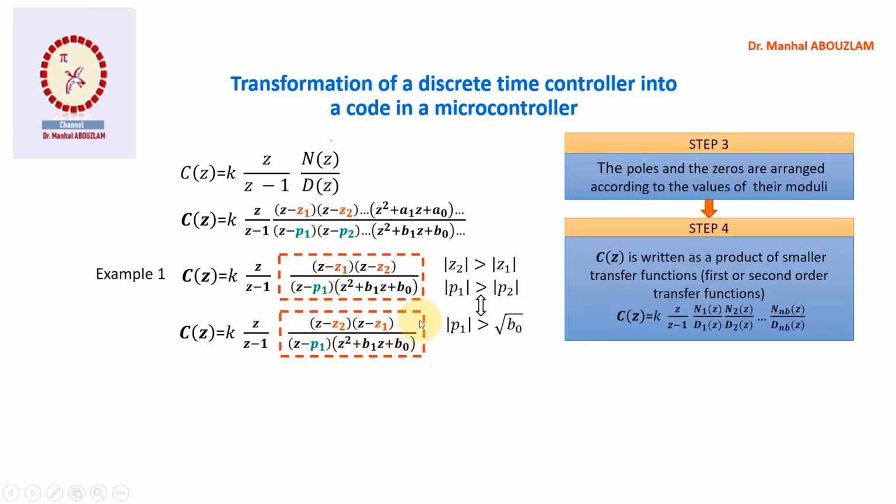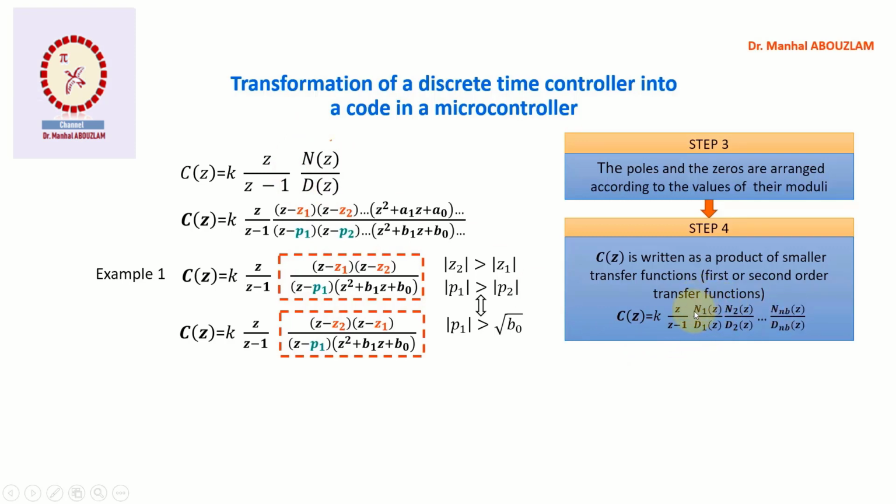Okay, now for the fourth step, we will write this part N(z) over D(z) as a product of smaller transfer functions. As you see here, we have this small transfer function, we have another small transfer function, until the nb-th transfer function. Okay, so what did we do? In fact, we broke down this part into smaller transfer functions.